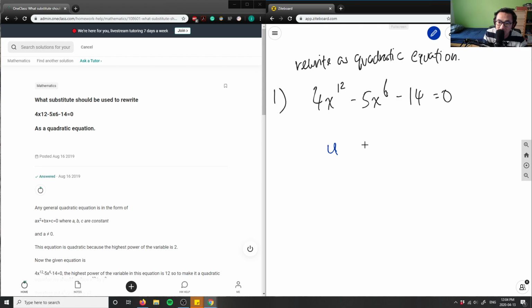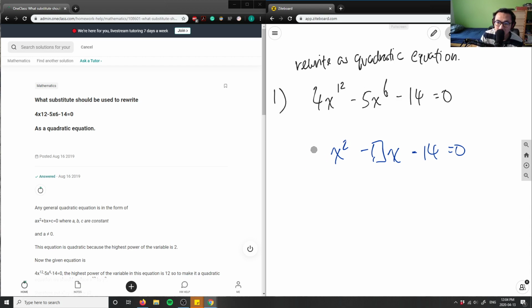I want this to become a quadratic, like u squared, or x squared, minus x minus something, equals 0. The 14 here stays constant, I don't have to change it. So let me write 14 equals 0, and I'm just solving for whatever these two blanks are.